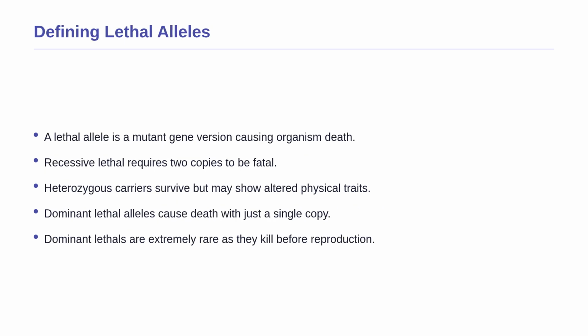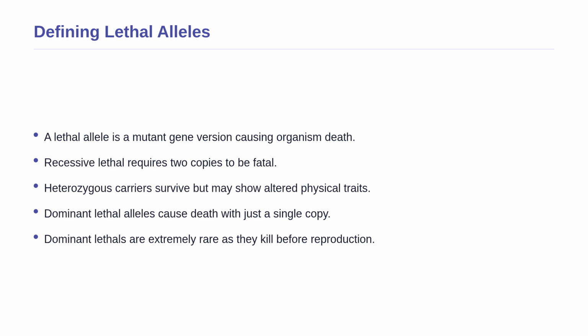Now that we have an intuitive grasp, let us look at the formal definition. A lethal allele is a specific mutant version of a gene that, when present in the required quantity, causes the death of the organism carrying it. Remember that every organism inherits 2 copies of most genes.